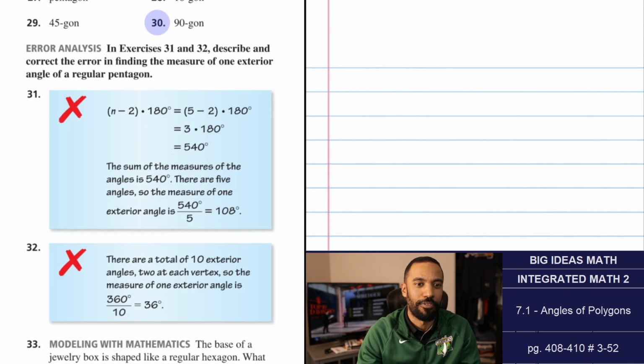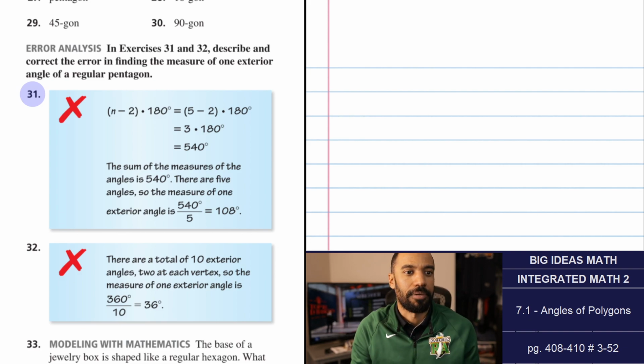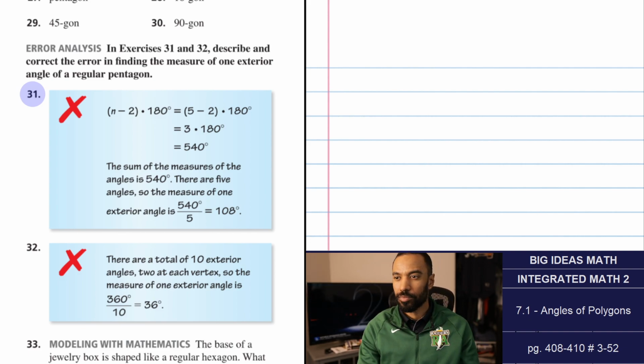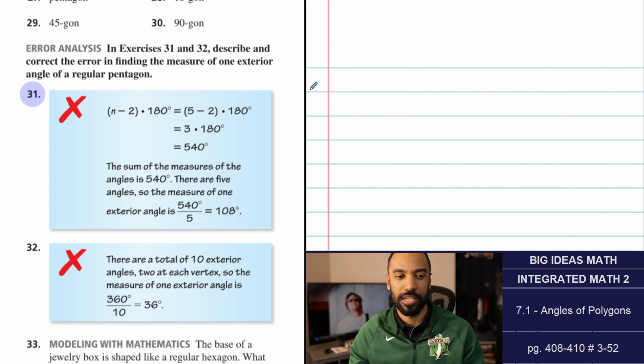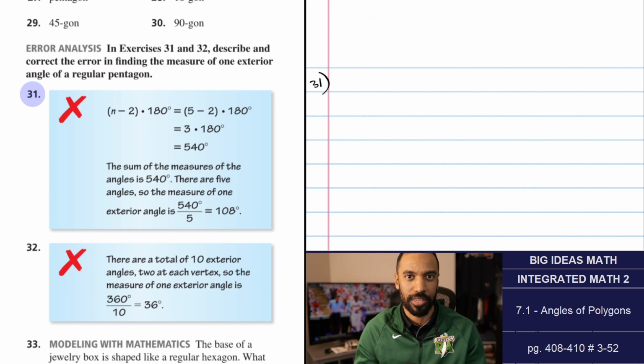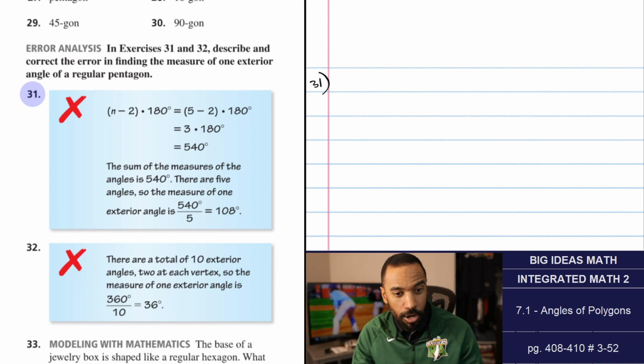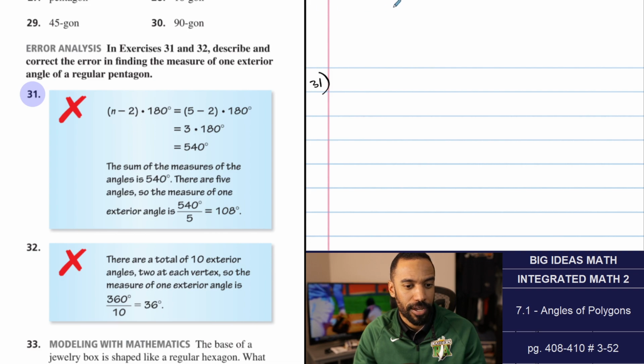Let's keep going forward. Error analysis. In 31 and 32, describe and correct the error in finding the measure of one exterior angle of a regular pentagon. Now, I don't know. Listen, they never told you about the supplement thing, so I doubt they're going to bring it up here, and I'm not going to correct it in a different way, so I'll correct it their way if they ever need something like that. Exterior angle measure of a regular pentagon? Well, they found the interior angle measure.